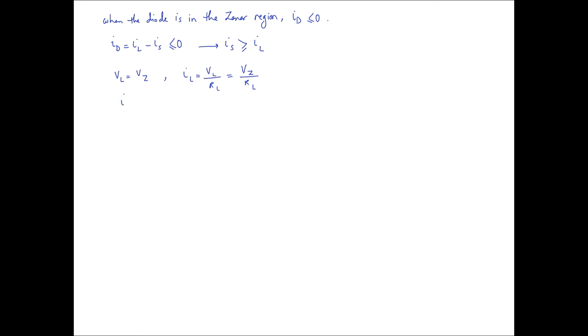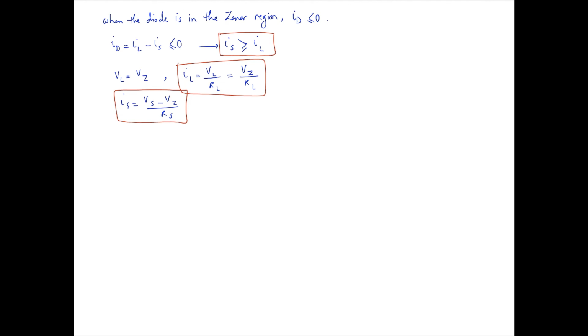On the other hand, using the KVL that we wrote before, IS is equal to VS minus VZ divided by RS. So I have the equation for IL and the equation for IS, and I'm going to use this inequality to find the range of VS when RL is constant and the range of RL when VS is a constant value. So let's do that.